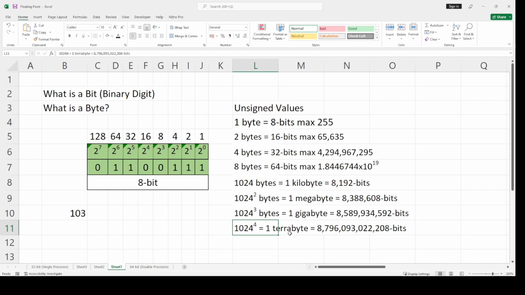So we do not really need very, very large containers or switches. 64 bits and 32 bits is enough to hold such a large number. We don't need 1 terabyte, 1 gigabyte, 1 megabyte. We can only use those for storage, for memories.